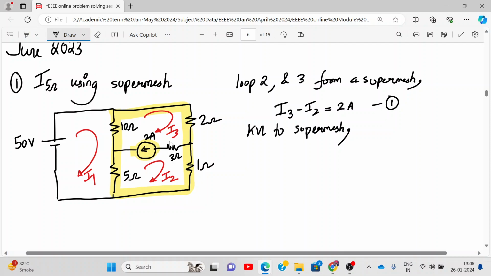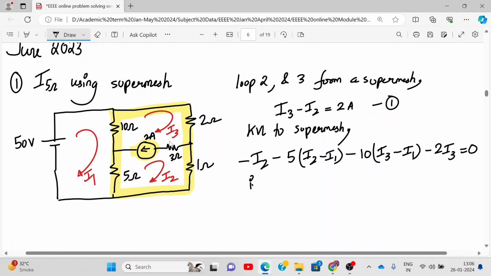So let's start applying KVL. Not this branch, 3 ohm and 2 ampere, we leave it. So it will be minus I2 minus 5 (I2 minus I1), right? Then come over here, minus 10 (I3 minus I1), then minus 2 I3 is equal to 0, correct?